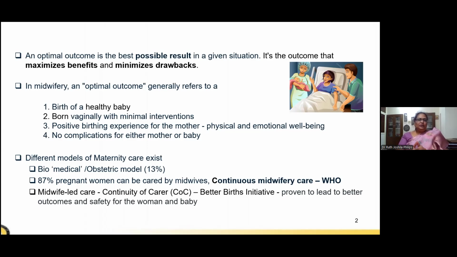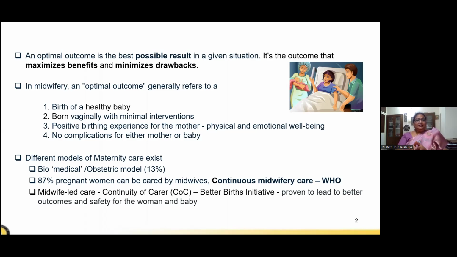According to the World Health Organization, only 13% of the women who are pregnant need such kind of care. And the remaining 87% of women, who have low risk normal pregnancies, since pregnancy is a physiological event that happens in a woman's life, right?